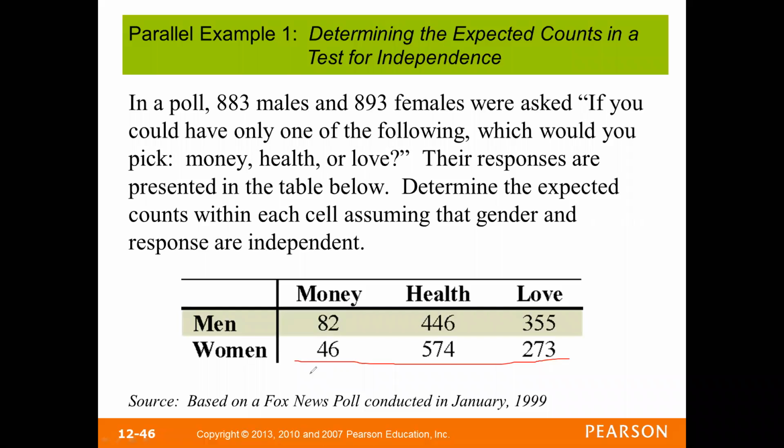Under the money column, there's 128. Under the health column, we have 1,020. And under the love column, we have 628.